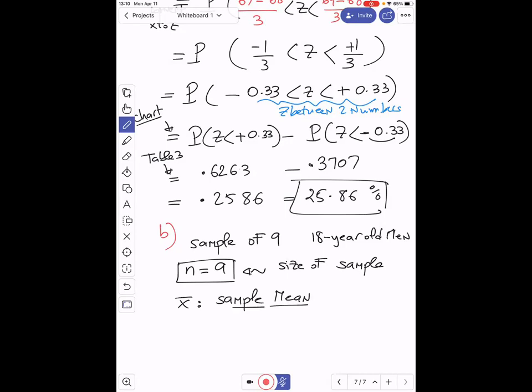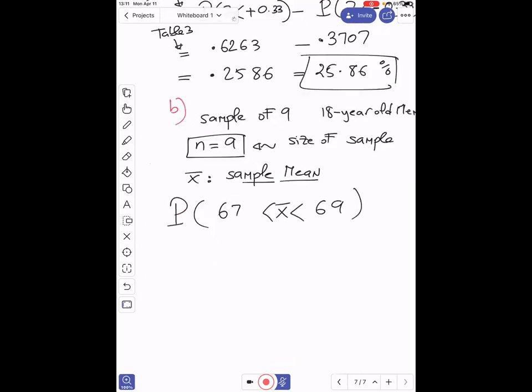So this is the average height of the 9 18-year-old men, right? So the question is, what's the probability that X bar, the sample mean, the average height of the 9 18-year-old men, is between 67 and 69? So the variable here is X bar.